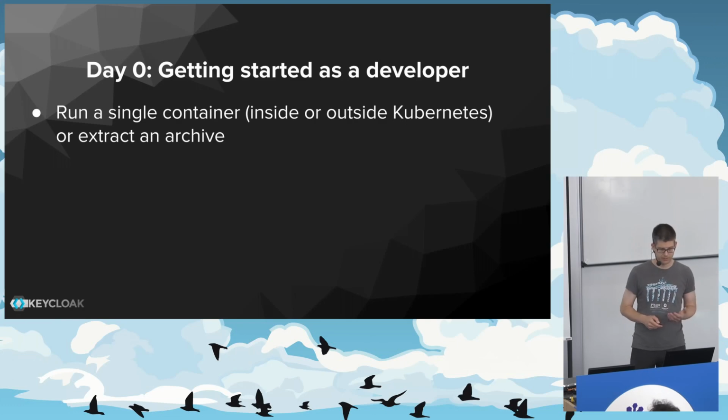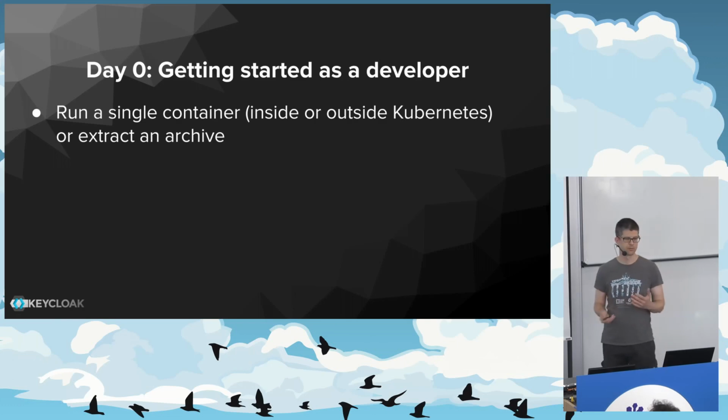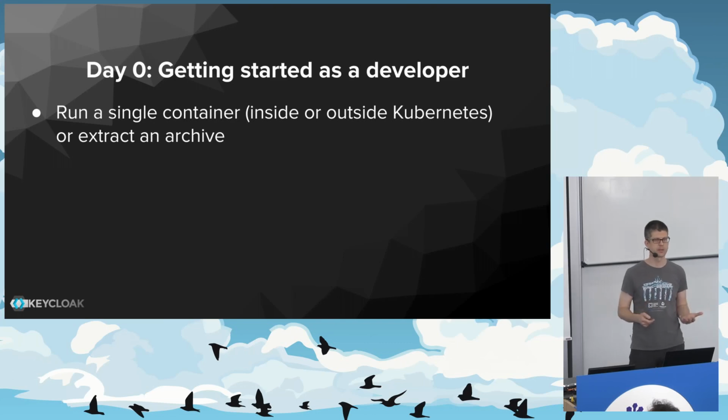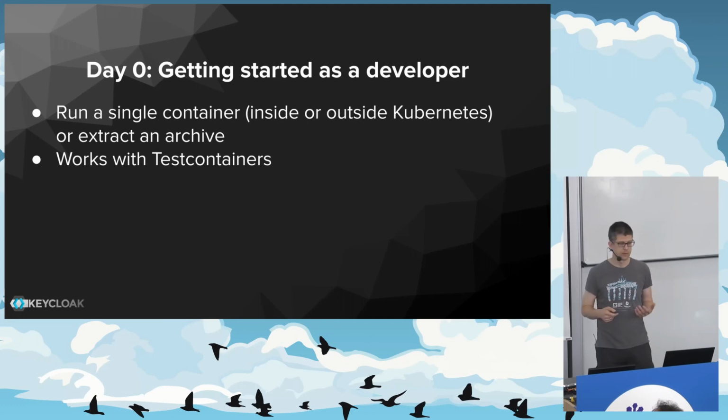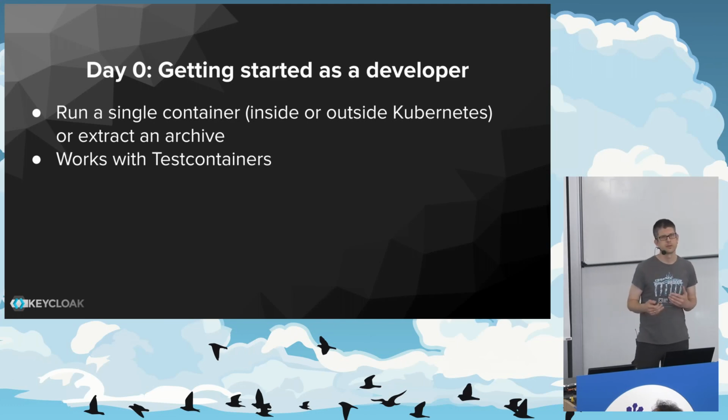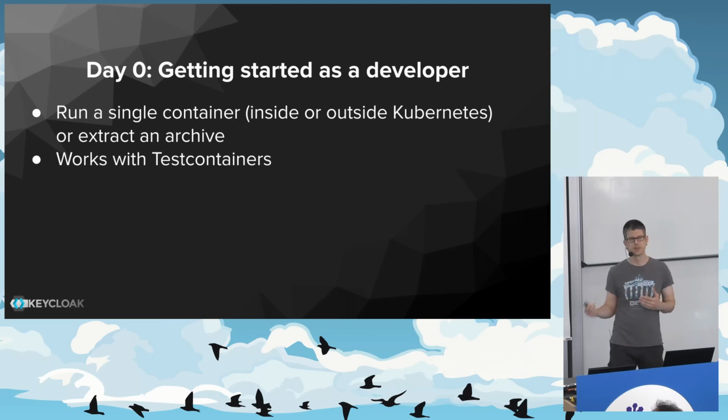Starting as a developer, you run a single container, for example inside or outside Kubernetes, or extract an archive. It works well with Testcontainers, so if you're testing your applications, you can spin up a test instance of Keycloak to test all these interactions.